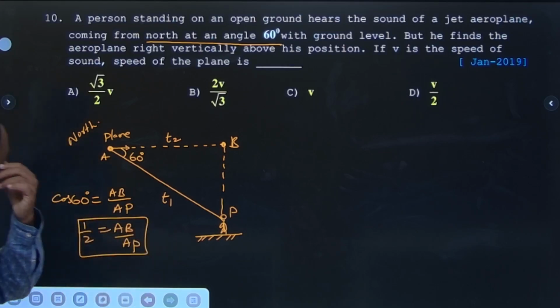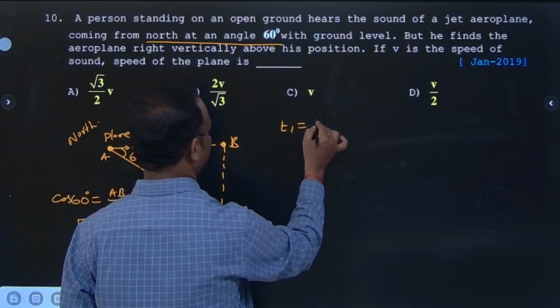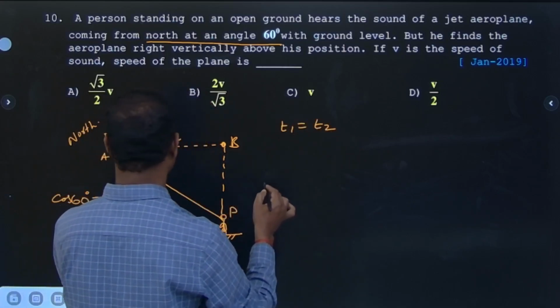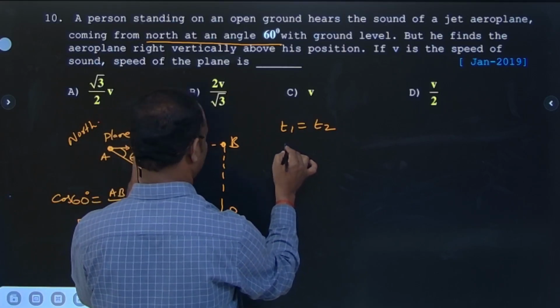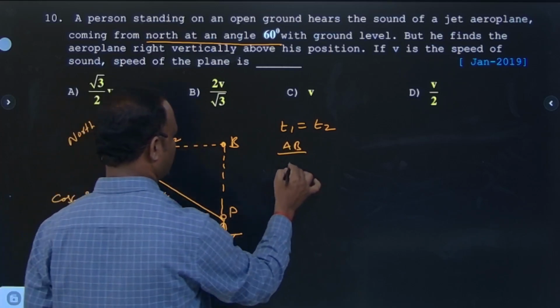Next, for the second situation, in what case is it possible that T1 equals T2? T1 is distance by velocity, distance AB by the velocity of the plane VP.